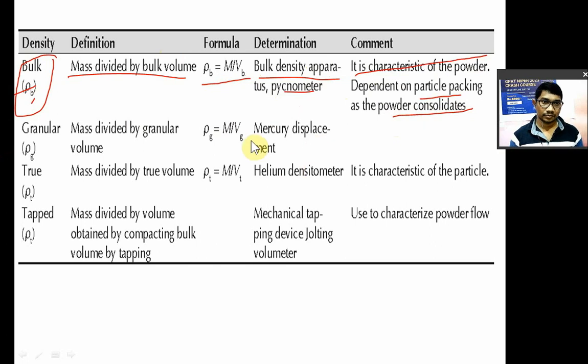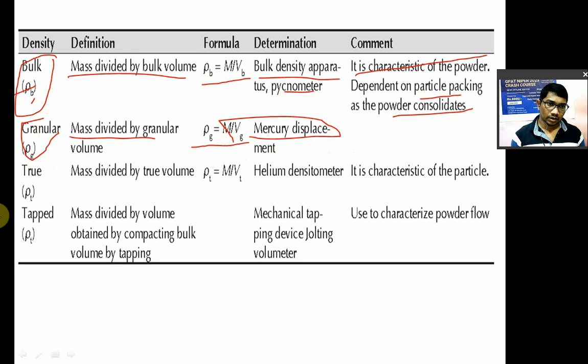Now granular density is denoted by rho g. It is the mass of granules divided by granule volume, measured by the mercury displacement method. Questions have come on this, I told you.